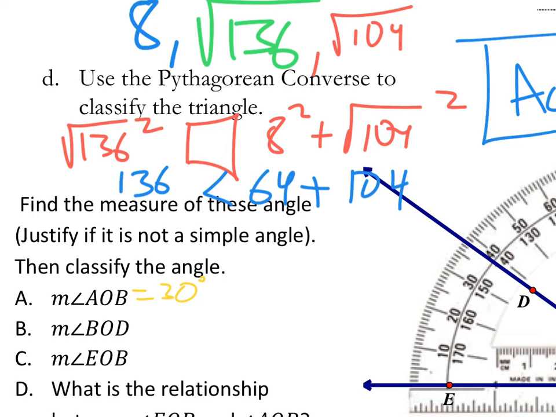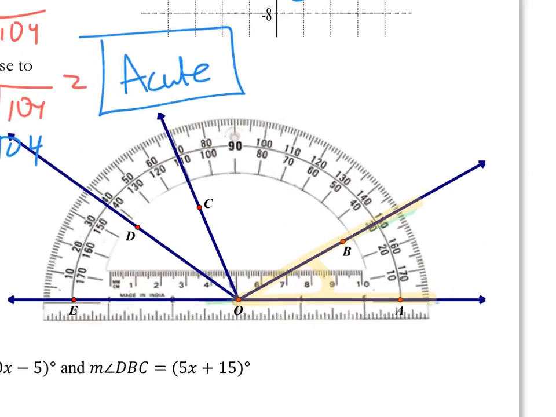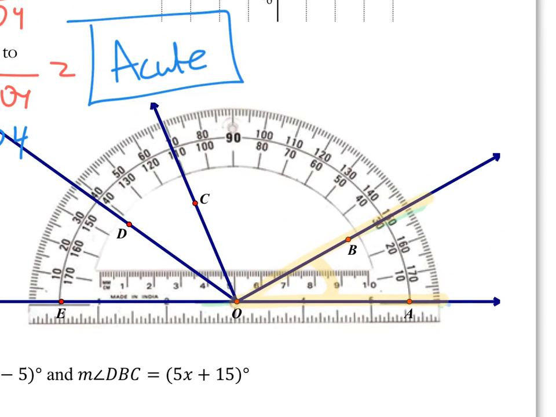Then we got BOD. So if we take a look over here at BOD, now this one's a little different. BOD is not lined up on the 0 line. So we've got to see that D is at 142, using the inside numbers there.